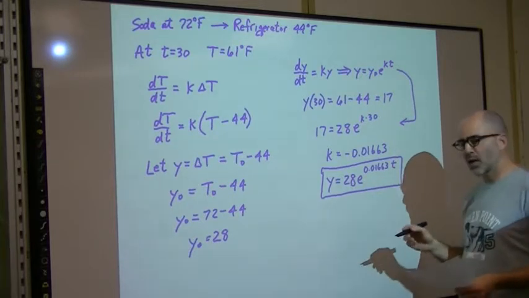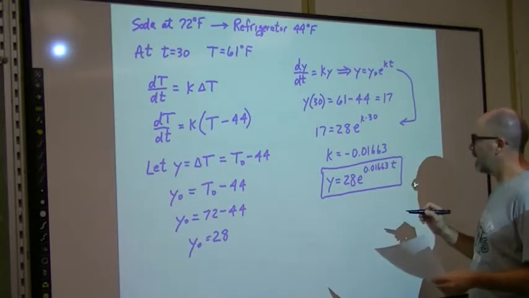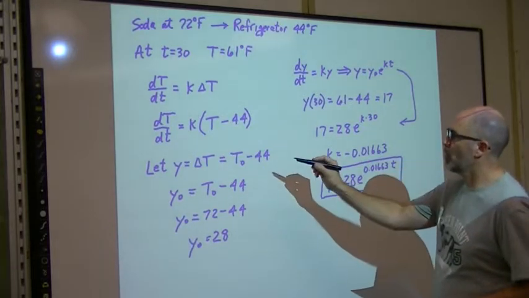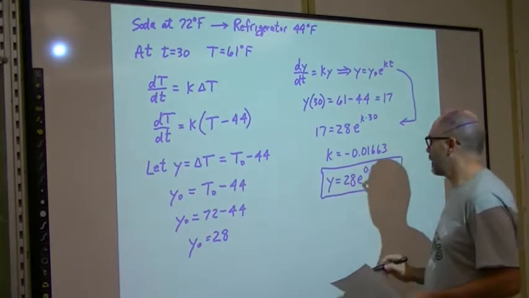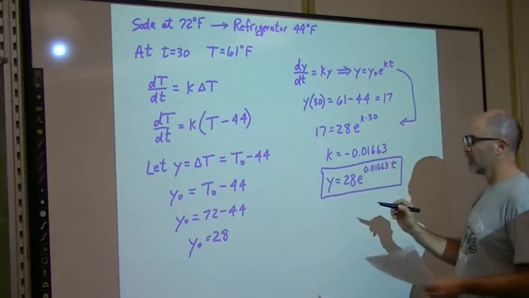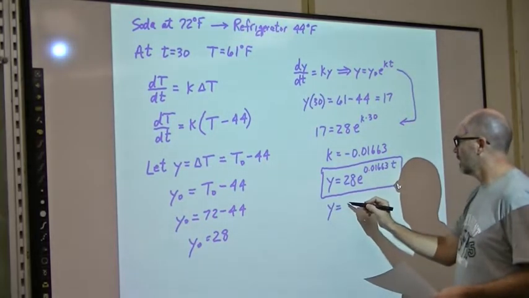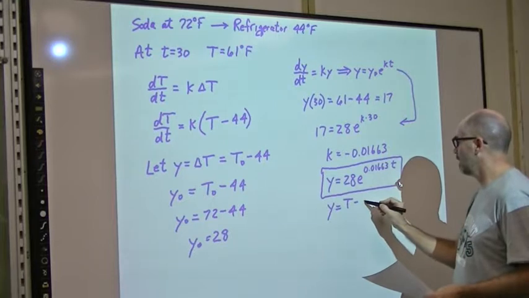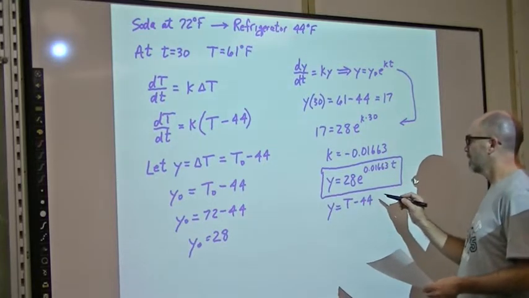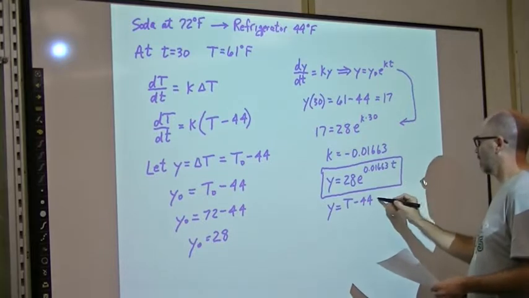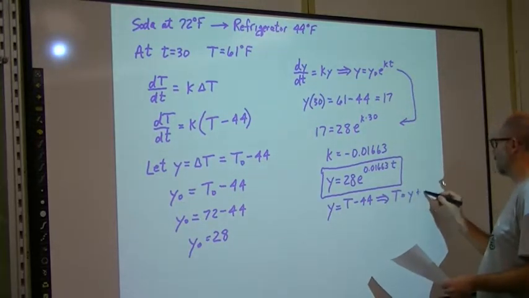If I want an equation with just temperature, then I can go back to y equals T minus 44. And so if y equals T minus 44, then that means T equals y plus 44.